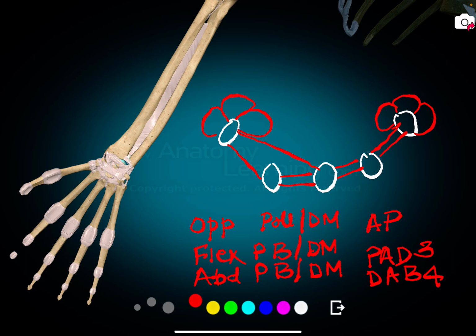Then we place an aponeurosis, which is the palmar aponeurosis. And this palmar aponeurosis merges into the deep fascia of the hypothenar and the thenar eminences.